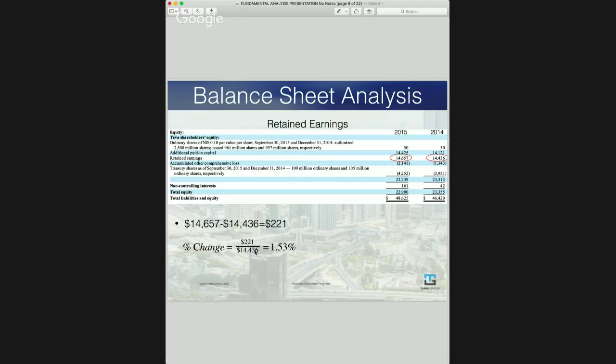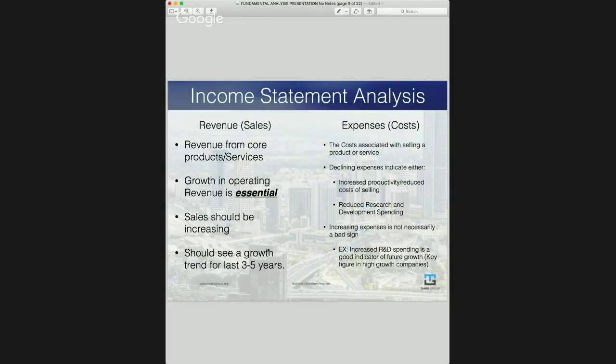If the industry shrunk, for example, say the pharmaceutical industry shrunk by 0.5% last year, but I grew at 1.53%, I would be very, very happy with that number, outperforming the rest of the industry. But now you're getting a pattern. We're going to pull financial information from the financial reports and use it to analyze a company's current position.